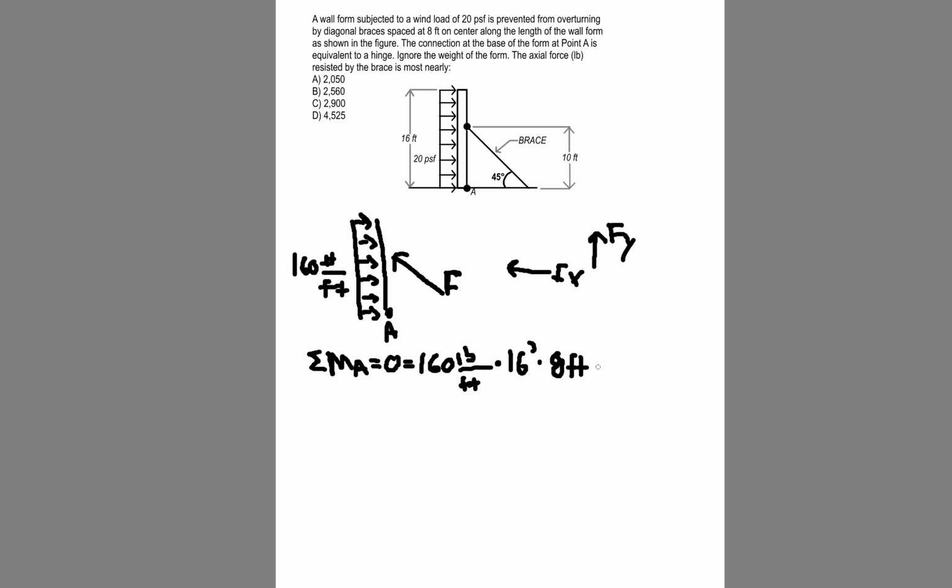And then we have to subtract our Fx force. And again, that Fx is acting at a height of 10 feet from A, minus Fx times 10. So quite simply, we can take the 10Fx over to the other side.